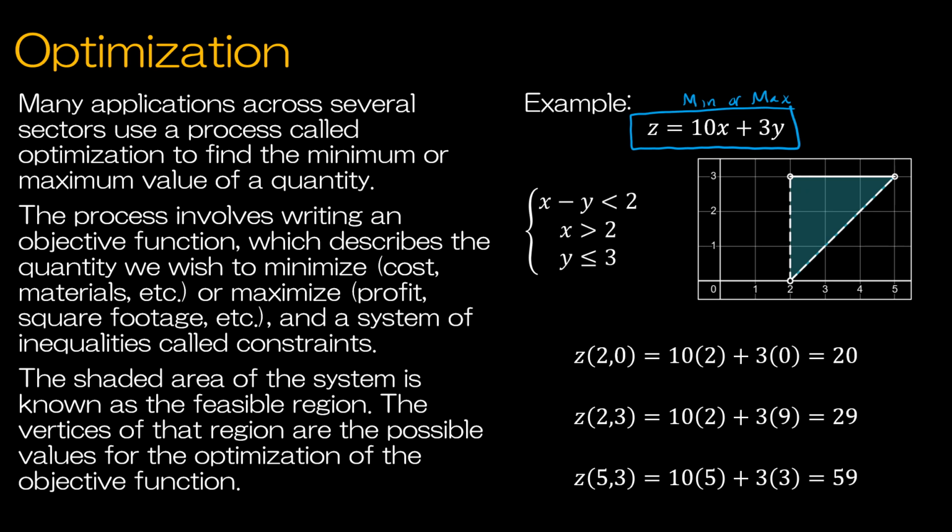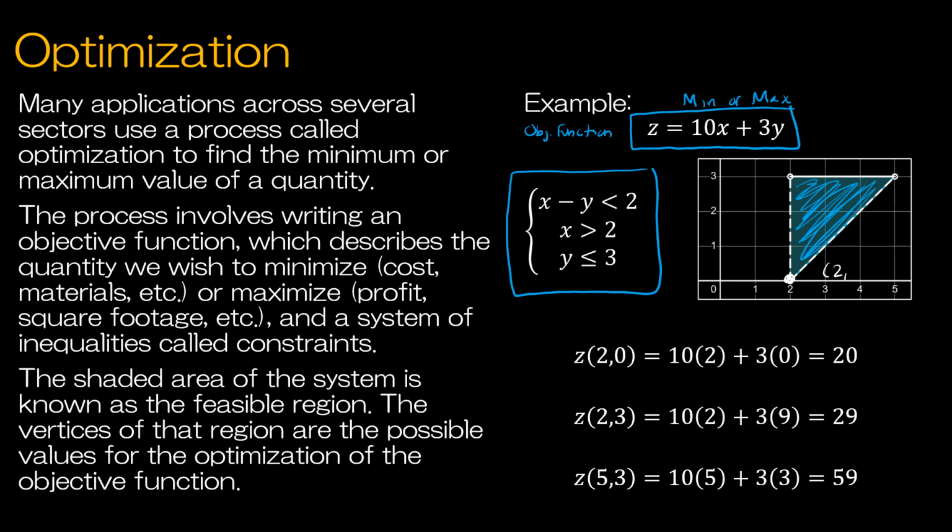So we're going to have this objective function. You're going to have a system of inequalities, which is what we just learned about. We're going to graph that feasible region, which is the part that is shaded. And then we're going to find the vertices of the feasible region.